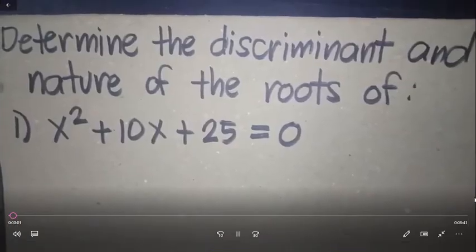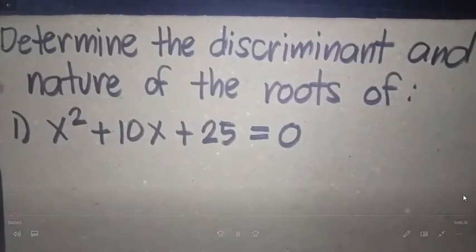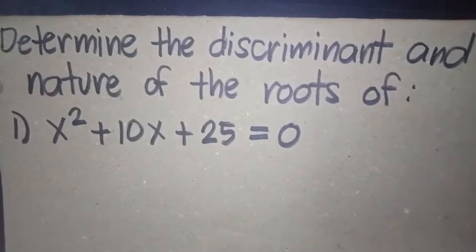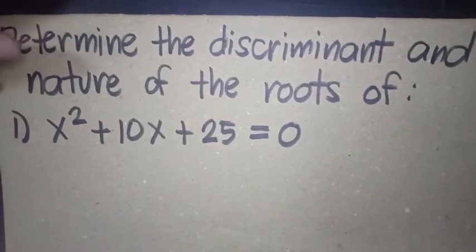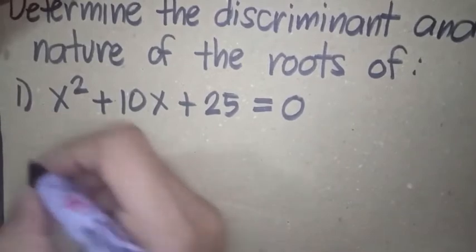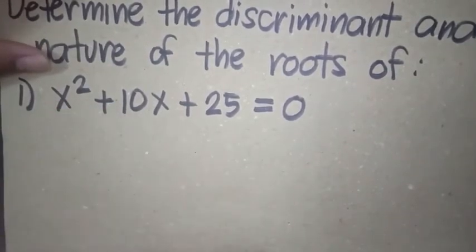Okay, so now we are going to determine the discriminant and the nature of the roots of x squared plus 10x plus 25 is equal to 0. So, ang formula natin para sa discriminant is actually the radicand of the quadratic formula.